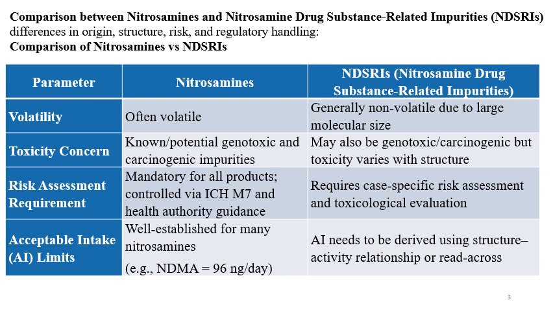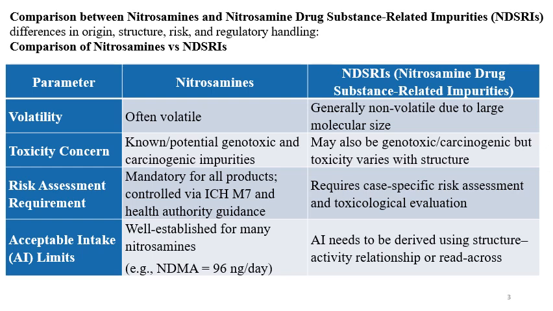Risk assessment for nitrosamines is required and mandatory for all products. These are controlled via the ICH M7 guideline and the health authority guidelines. Guidances are provided for nitrosamines and NDSRIs by the US FDA, EMA, ANVISA, Swissmedic, and many other country-specific regulatory bodies.